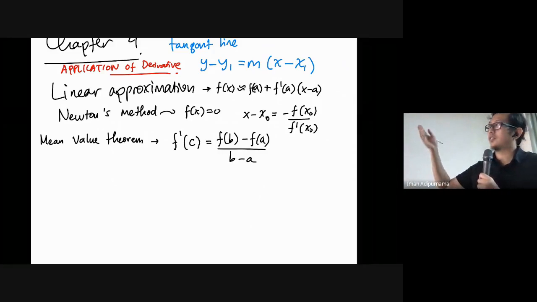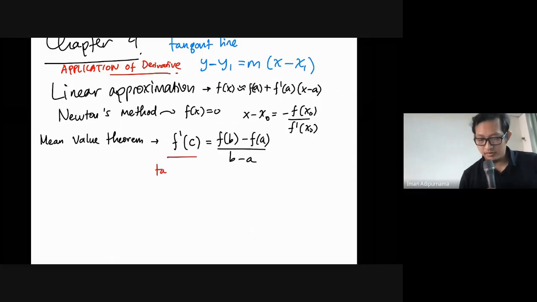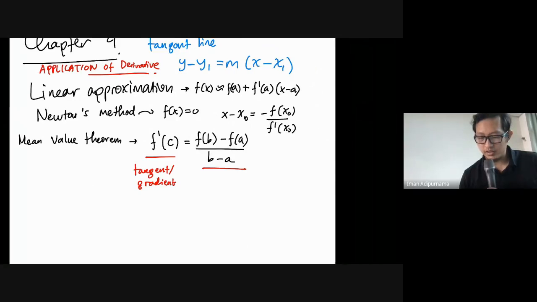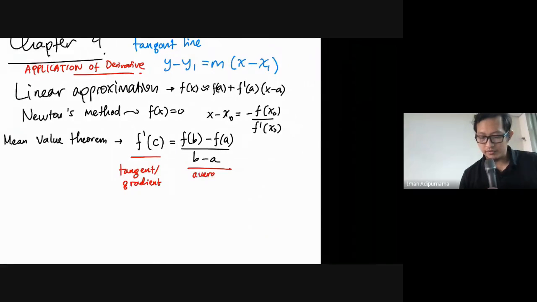There exists a number c in the interval a and b where f prime of c is equal to, so this is the tangent or gradient, right? And the right side is the average rate of change.